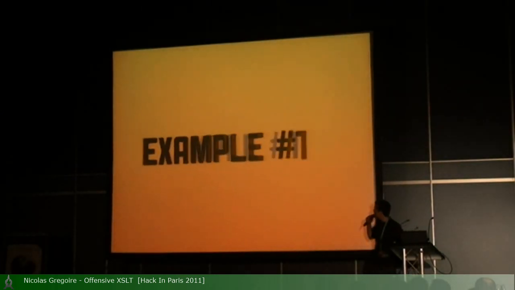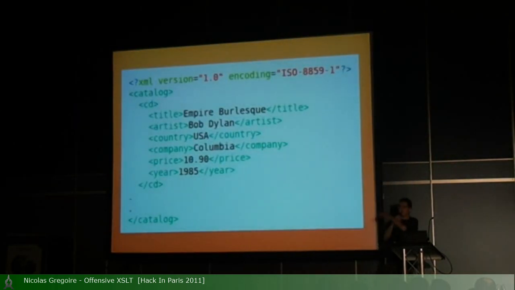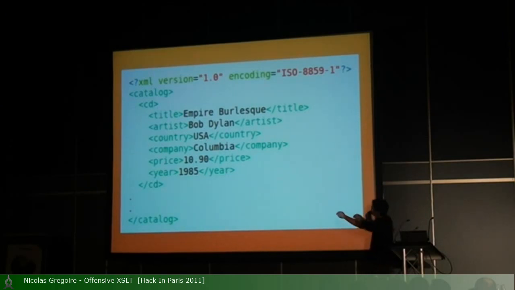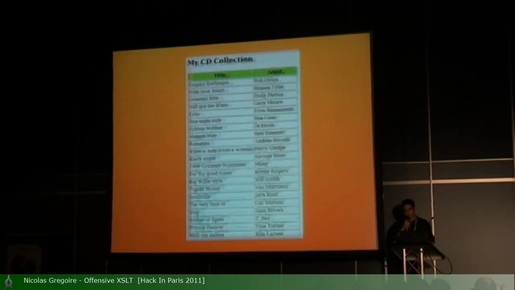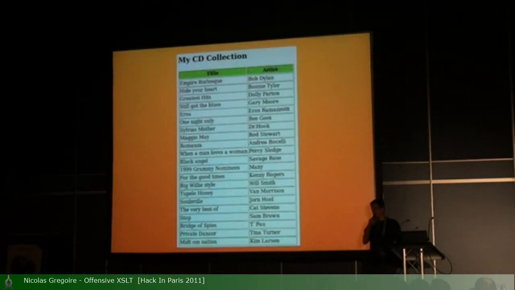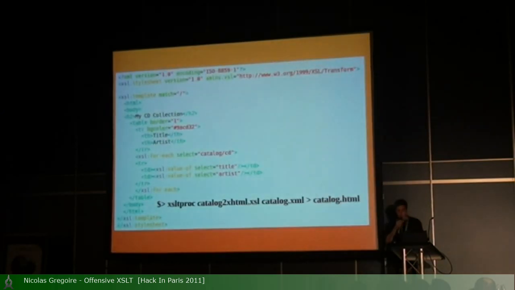So, first example: we have a CD collection, which is described by an XML file. You have a root entry, which is catalog. You have several CD entries, each describing one CD. And we want to have this kind of result, an HTML page. The solution is to transform the XML document with XSLT.